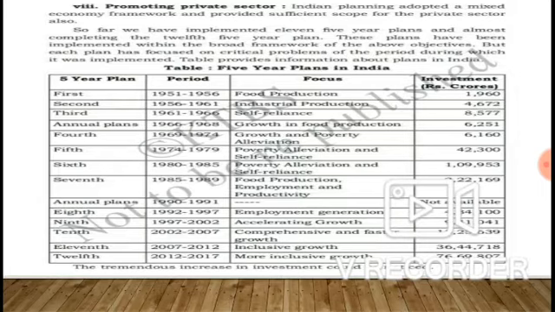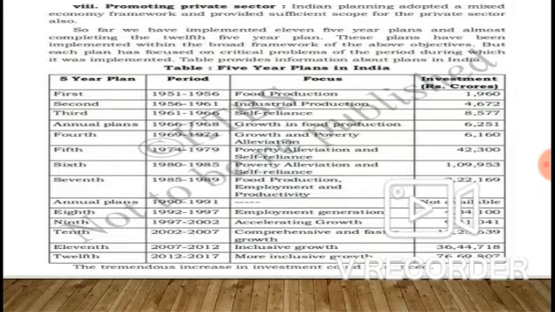Every five years, we have almost completed 11 plans, and we are completing the 12th also. These plans have been implemented within the broad framework of the above objectives, but each plan has focused on critical problems of the period during which it was implemented.